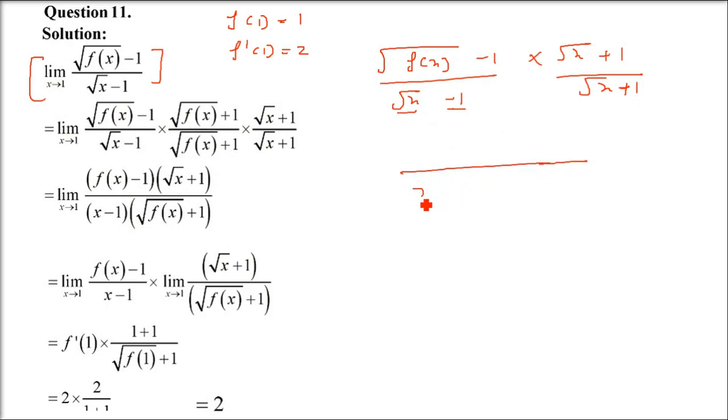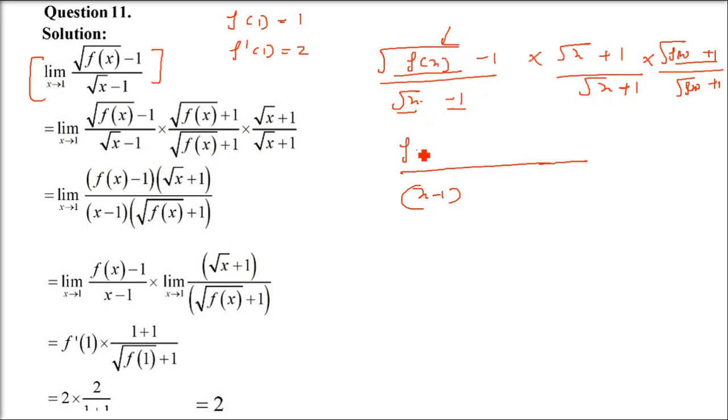So I have to multiply the numerator also with root fx plus 1. So root fx minus 1, just multiply it by root fx plus 1 divided by root fx plus 1. For numerator, we did this one. For denominator, we did the first one.